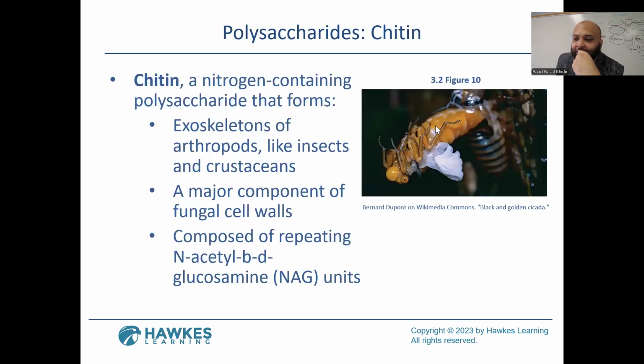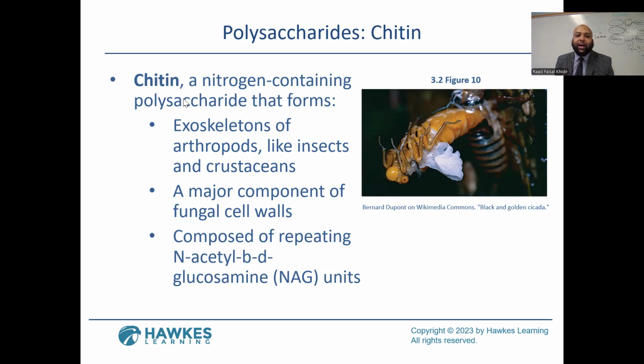Chitin, the exoskeleton, is a nitrogen-containing polysaccharide that forms the exoskeletons of arthropods, like insects and crustaceans, and is a major component of the fungal cell wall, composed of repeating N-acetyl-beta-D-glucosamine, NAG, units.